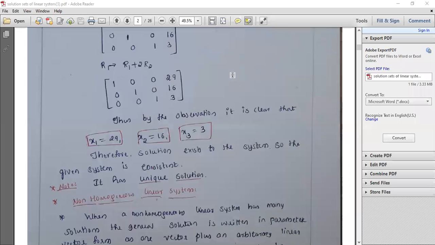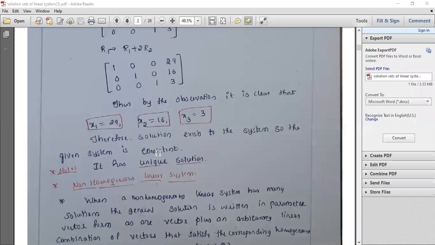So the solution is consistent. So therefore, we say that the system has a unique solution and the system is consistent. Okay? So please remember, whenever you are solving the system, if you get a solution and if it is unique, you mention it, and since the solution existed, we say that the given system is consistent.